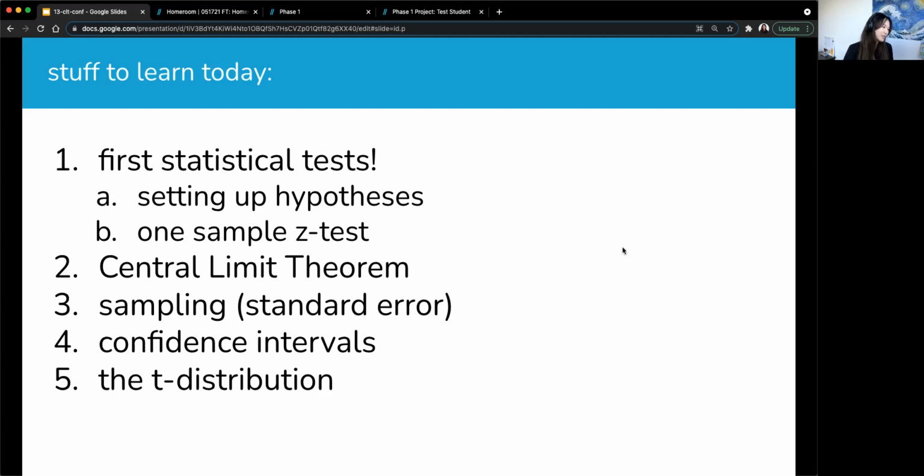And then we'll talk about the central limit theorem, talk about sampling and what that's all about, confidence intervals, and the t-distribution. So these will be the things that we'll hit today. Some things, especially towards the end of today's presentation, will be left a little bit open-ended to be continued next Tuesday. So just in case, I'll also mention like what these loose ends are, just so you all know.